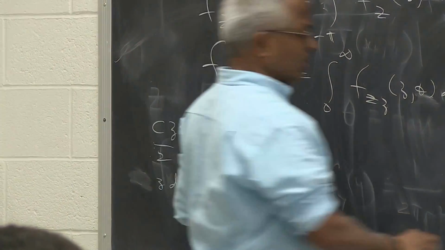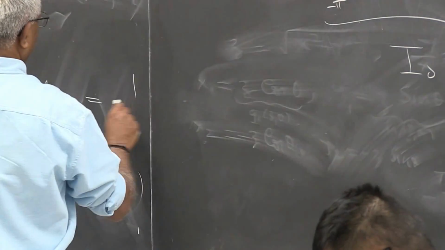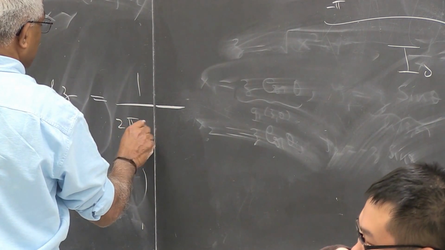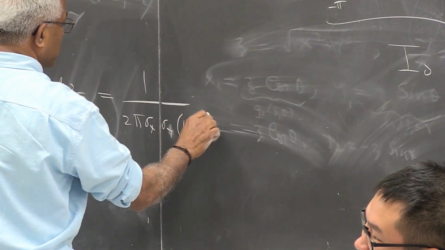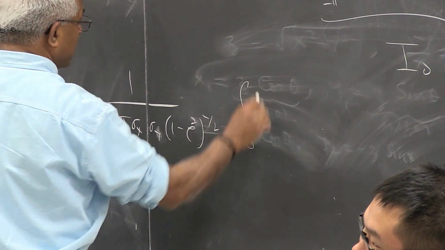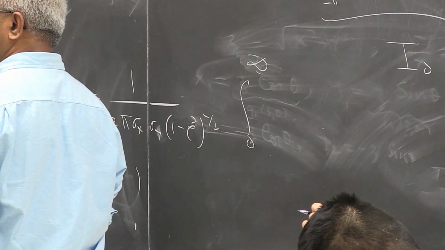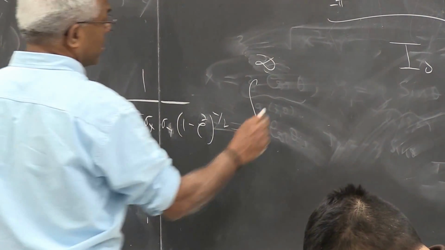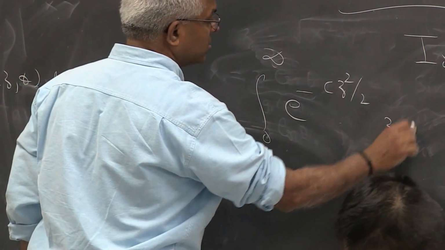So this integral turns out to be, let me substitute that here, 1 over 2π σx σy √(1 − ρ²) times the integral from 0 to infinity of e to the power minus c squared z squared by 2 times z dz, right?